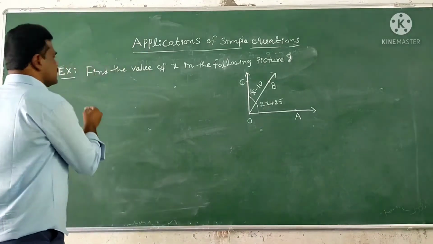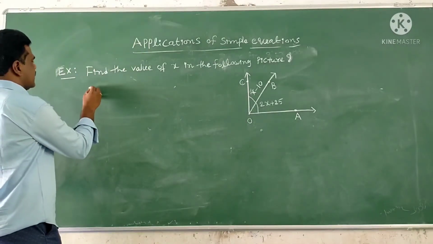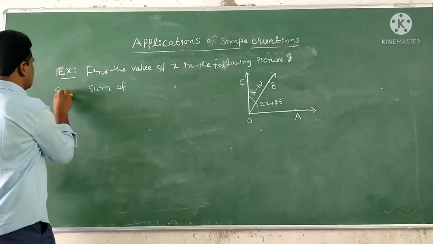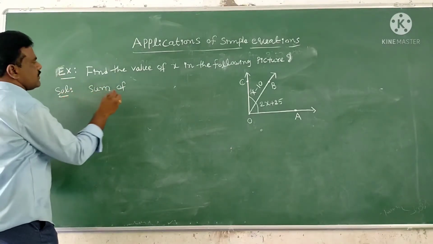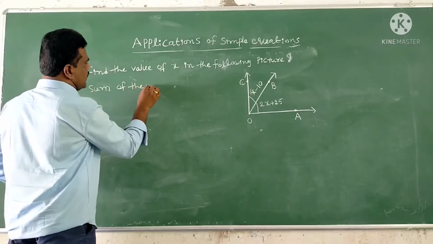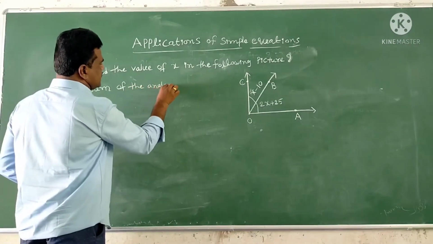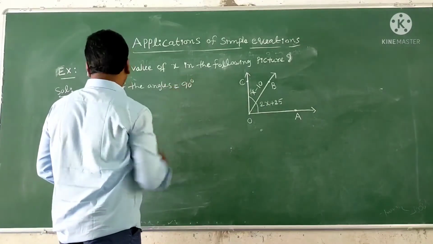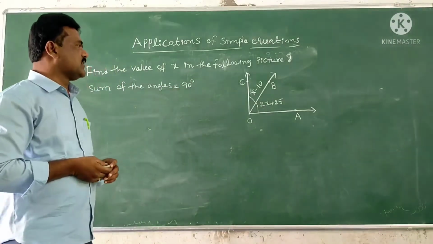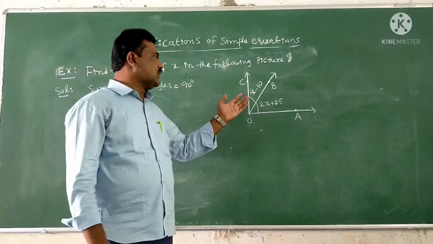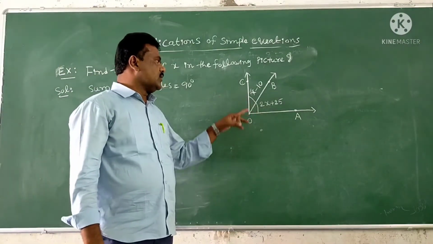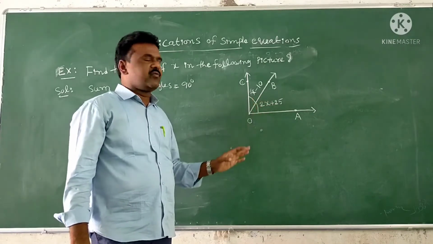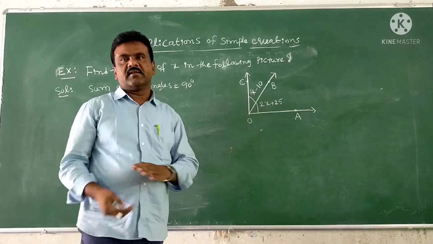So, sum of the angles is equal to 90 degrees. Why is the sum of the angles 90 degrees? Because in the given picture, two angles x minus 10 and 3x plus 25 form a right angle.